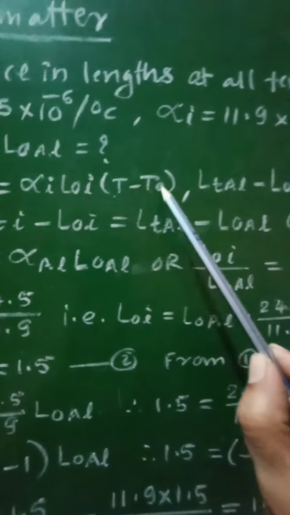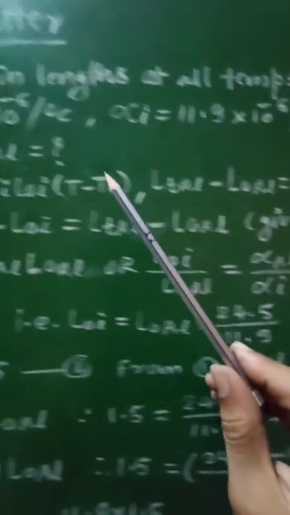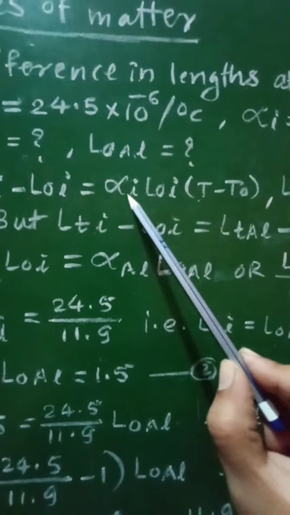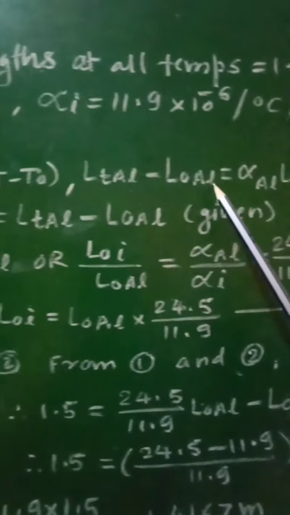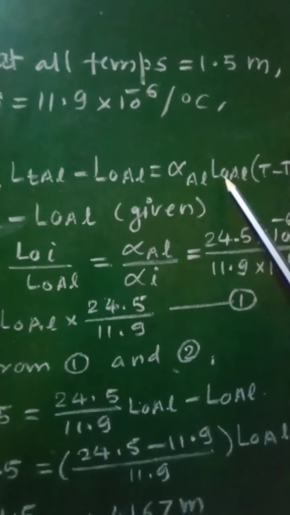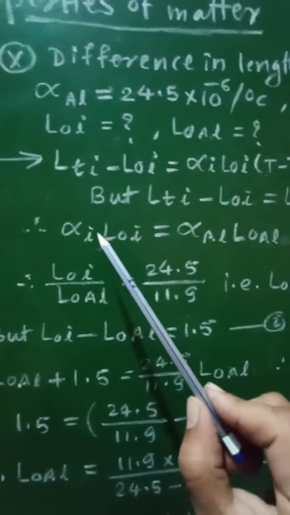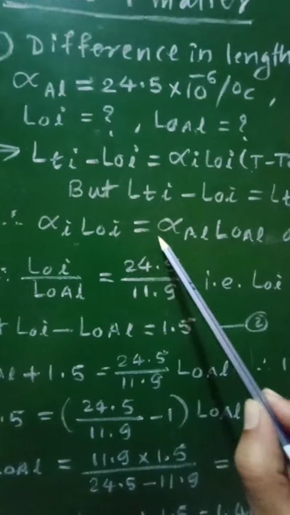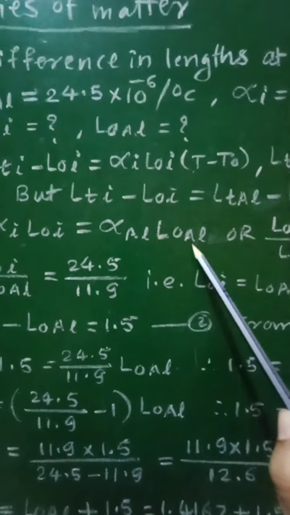this T minus T0 will get cancelled, and therefore we will get alpha I L0I must be equal to alpha AL into L0AL, that is alpha I L0I equal to alpha AL L0AL.